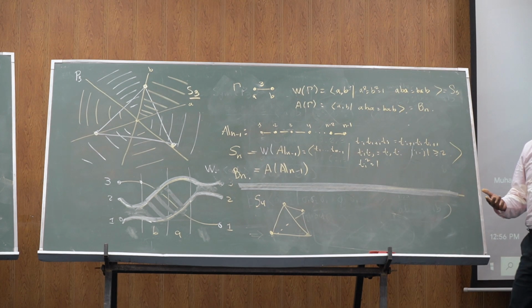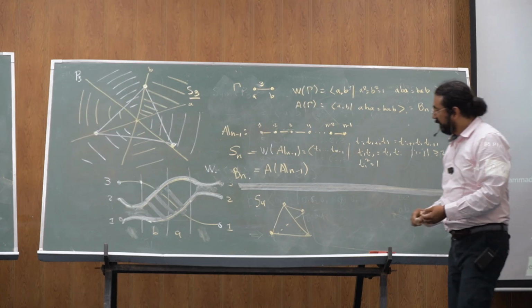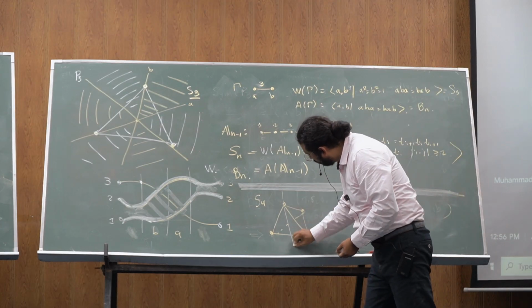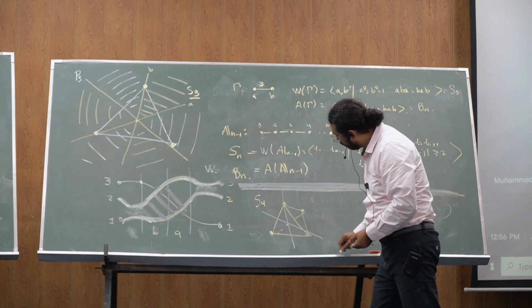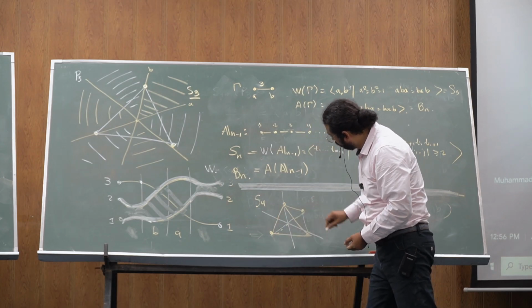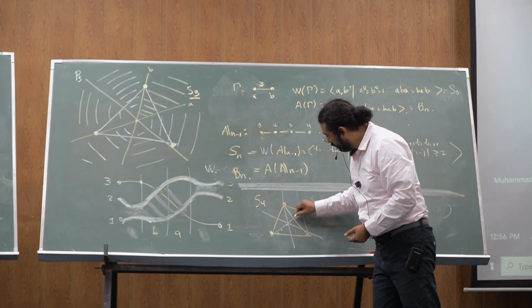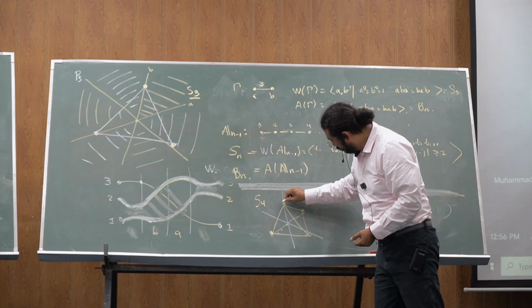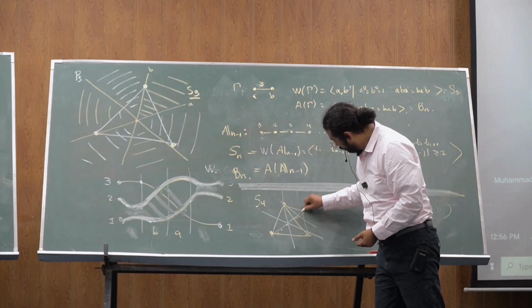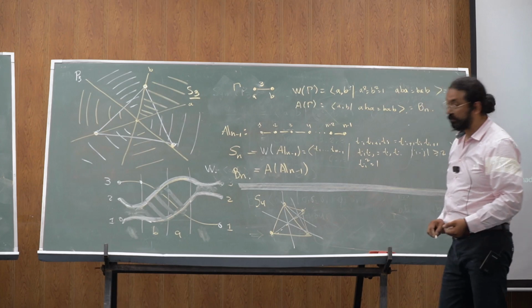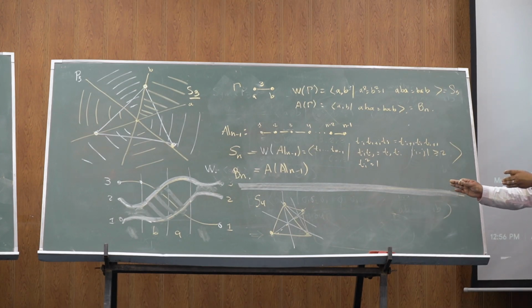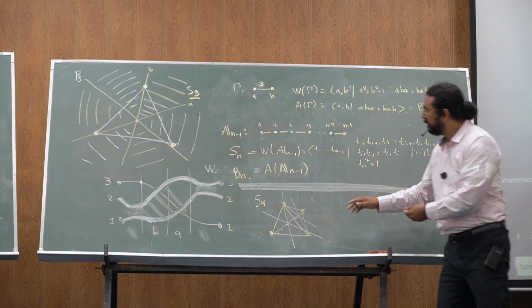Now the generators will be the ones that correspond to the reflections that cut the simplex.